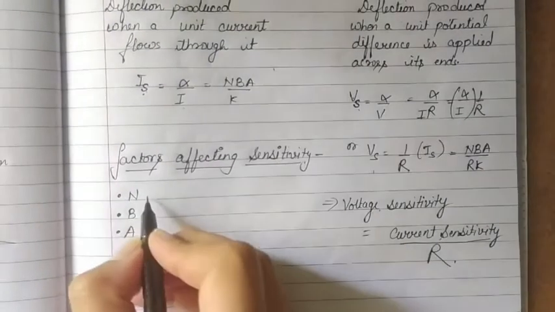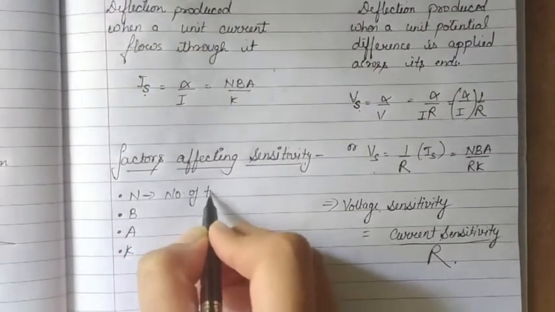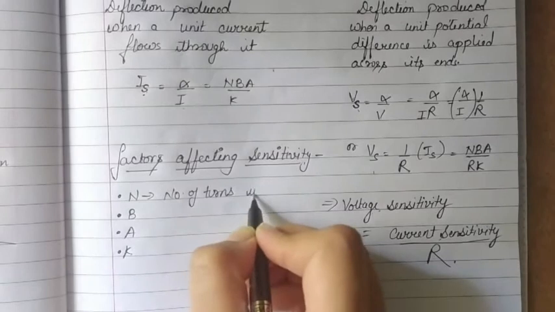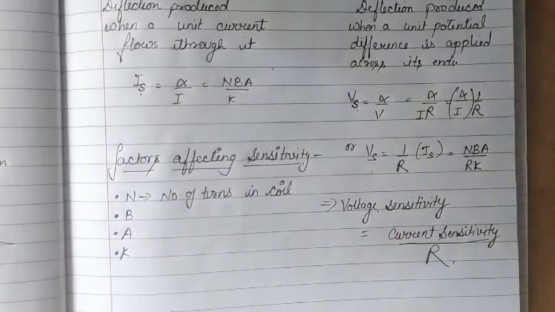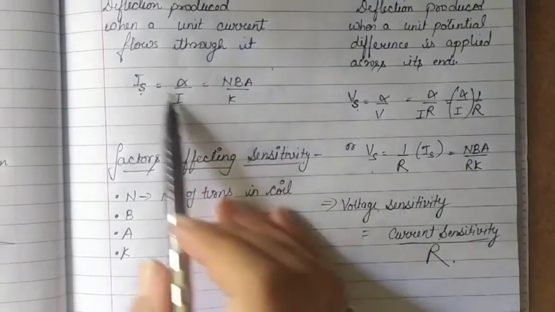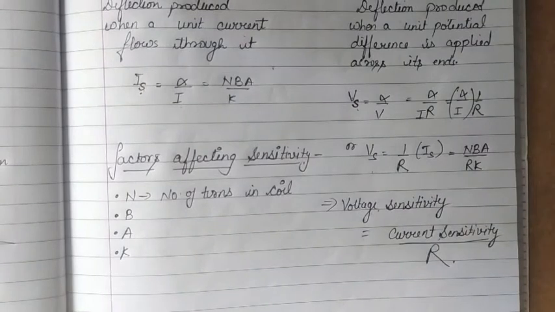Capital N is the number of turns in the coil. Moving coil galvanometer has capital N number of turns. Since sensitivity is directly proportional to N, if we increase the number of turns of the coil, the sensitivity of a galvanometer will increase.